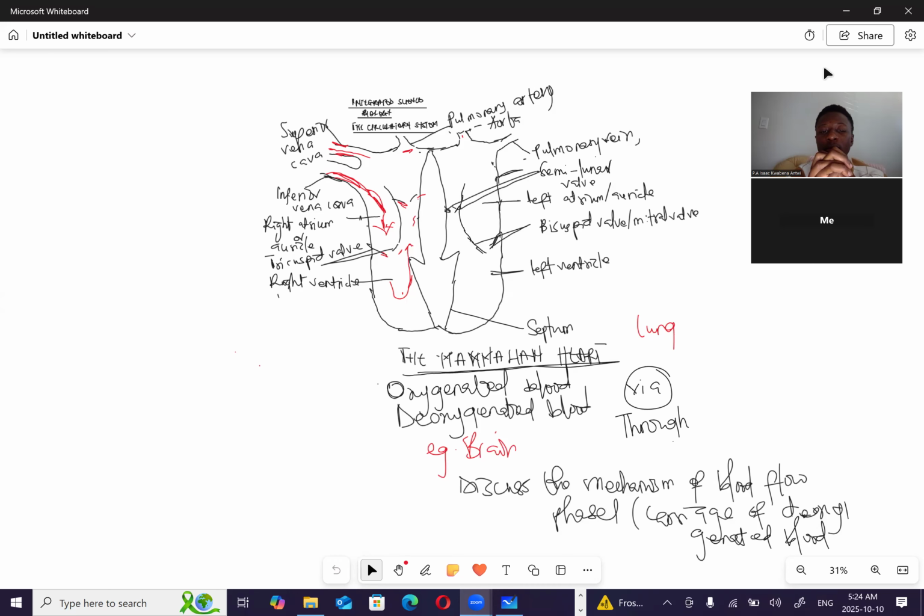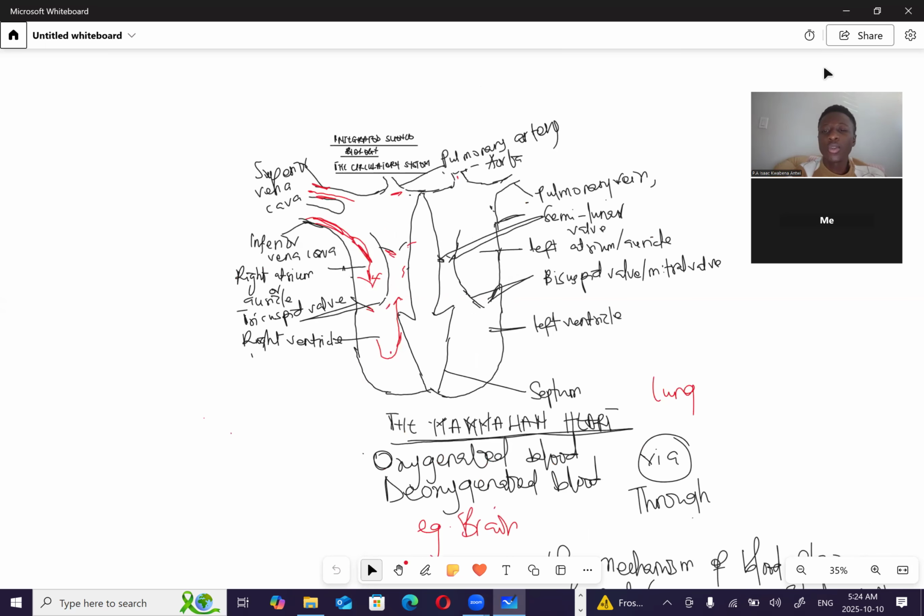When it's filled up, the semilunar valve opens as a pathway to the pulmonary artery and through to the lungs for oxygenation. You can say it opens as a passage route to allow the blood to flow through the pulmonary artery to the lung for oxygenation. That's it. This solution is approved. Now you have to read it one more time.